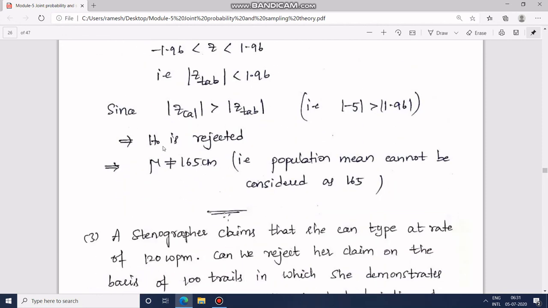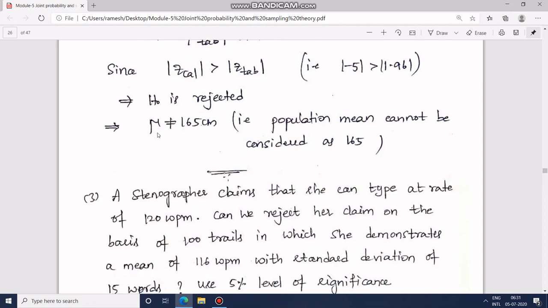Hence here H naught is rejected. That means we need to reject our assumption. That implies mu is not equal to 165. According to our assumption, mu is equal to 165, that means the mean height of the population is 165. But here our H naught is rejected, so we need to reject the hypothesis. That means the population mean cannot be considered as 165.